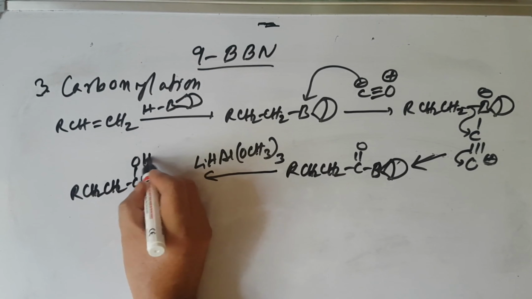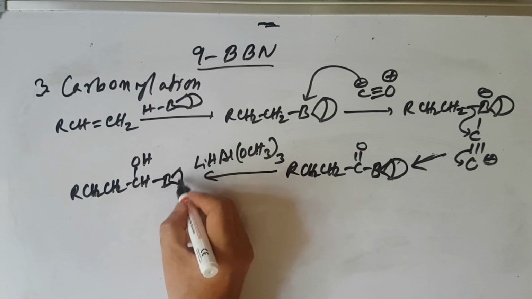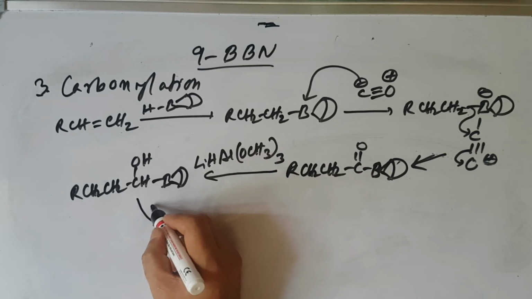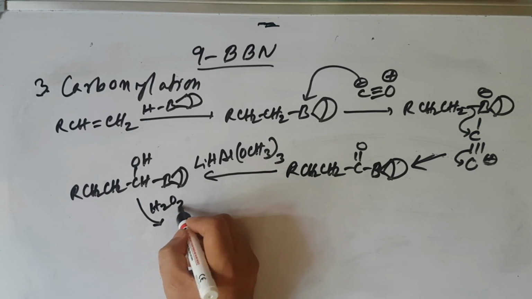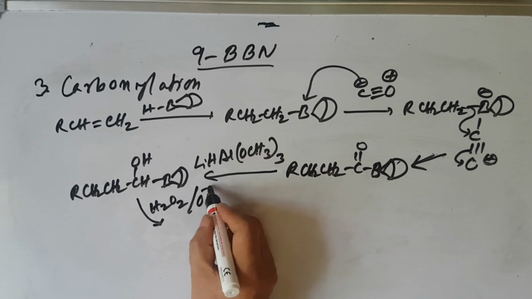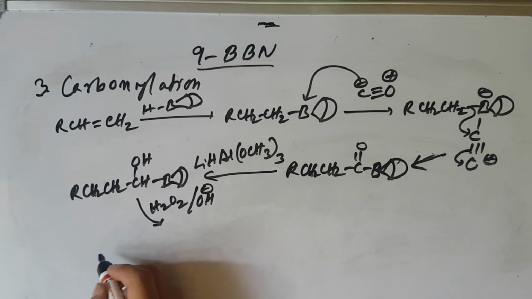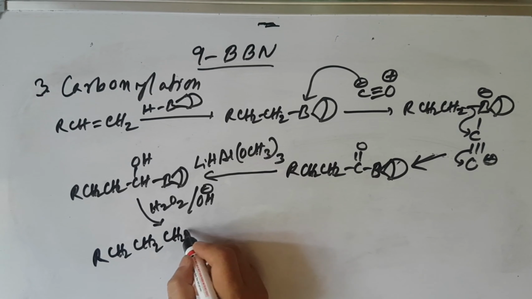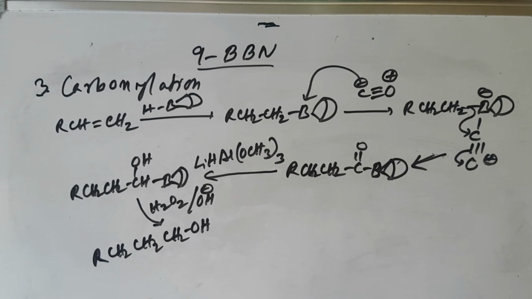Then if you react it with hydrogen peroxide in the presence of sodium hydroxide, alkali, the product will be this alcohol, CH2, CH2OH. So we got this carbonylation product.